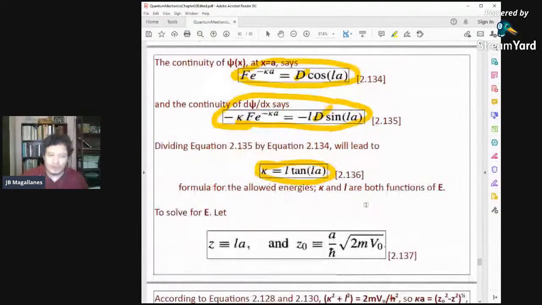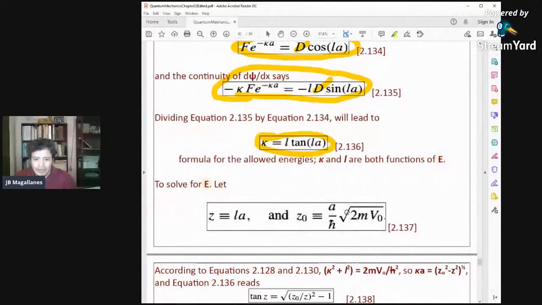Now we will solve for E. What is the energy? By the way, kappa and L are both functions of E. So we can find the energy through L and kappa. So let's find that.